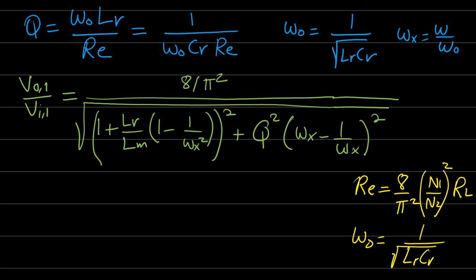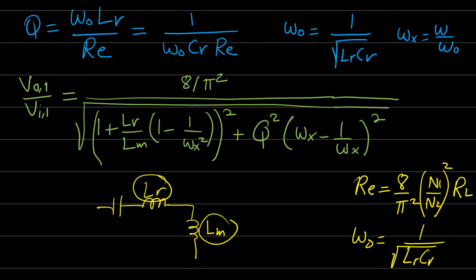Okay, and also we need to define the relation between the magnetizing inductance and the resonant inductance. Okay, we need to find the relation between this value and this value. This is very important. This is LR and this is LM. Okay, because for the series resonant converter, LR is fine, but here we have another component.